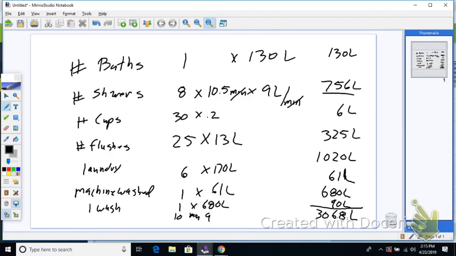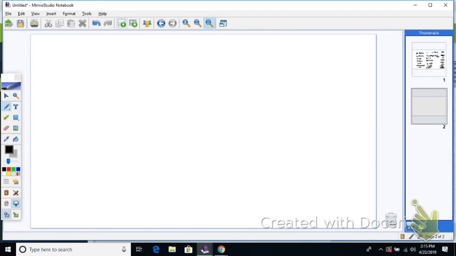I take my total of 3,068, and that's going to go on number 1 in the back. How much total water was used during 3 days? 3,068 is my total. Number 2, I'm going to figure out liters per person per day.